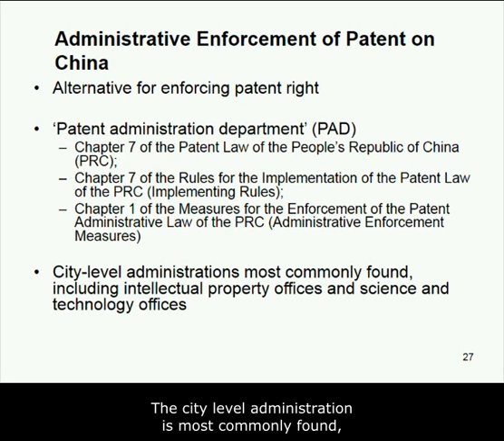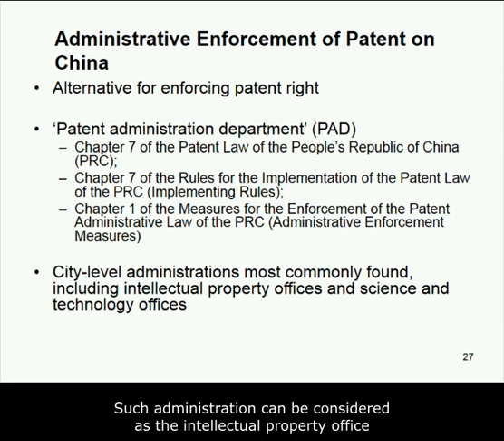The city-level administration are most commonly found, especially in some south province like Guangdong. Guangdong province has many manufacturers.